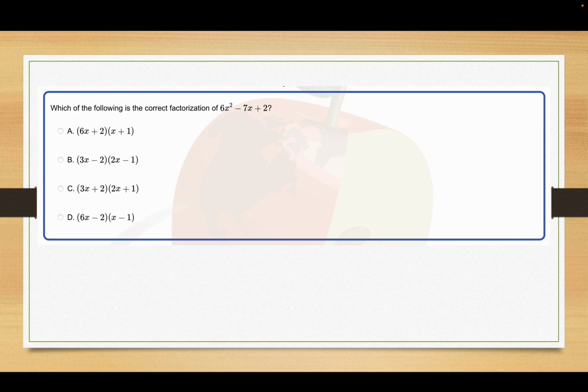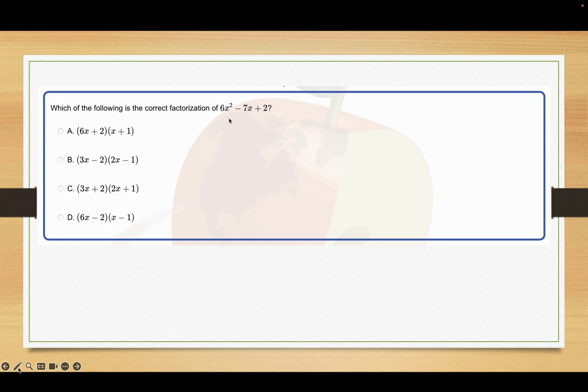Which of the following is the correct factorization? Look at this, a praxis problem, and we have to do some factoring. Go ahead. Okay, so first I look for a common factor.